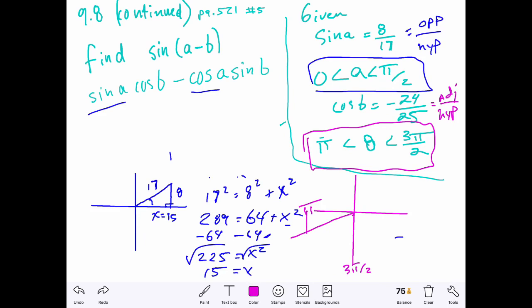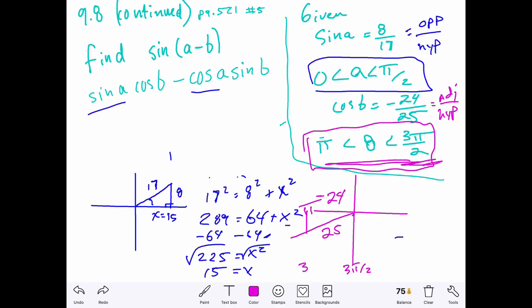And I'll just draw my right triangle there. Okay, so adjacent 24, hypotenuse 25. Well, that means my adjacent must be negative 24 there, because I'm in this third quadrant, which this information tells me here.